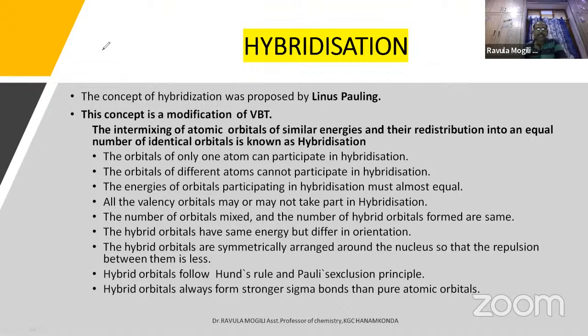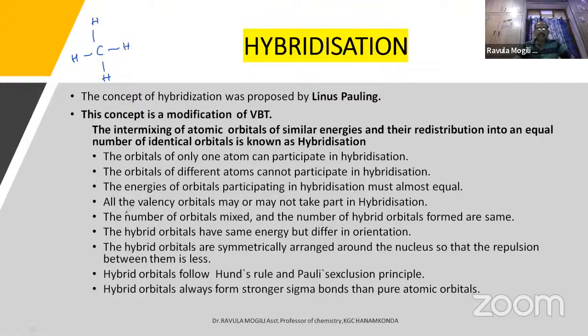For methane, the central atom is carbon. So the carbon orbitals only participate in hybridization. Which orbitals are involved in hybridization? Empty orbitals, unpaired electron orbitals, or fully filled orbitals, whatever they may be, any orbital can participate in hybridization.